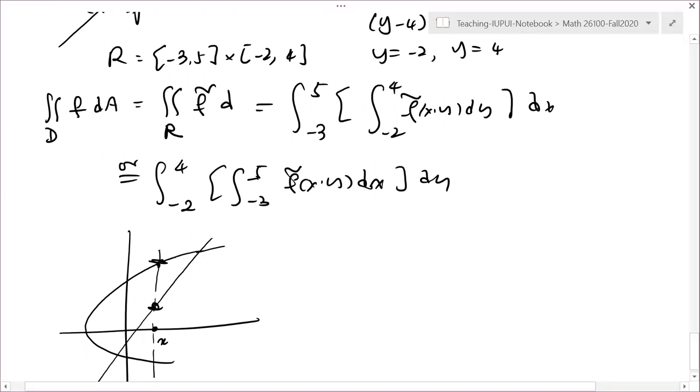The top one is easy to find, but the bottom one depends on the location of x. Sometimes the lower point is on the parabola, sometimes it is on the straight line. So that's a really bad idea. It's harder to describe F tilde. So I don't think we should use the vertical line for the first iterated integral. That's the trouble.